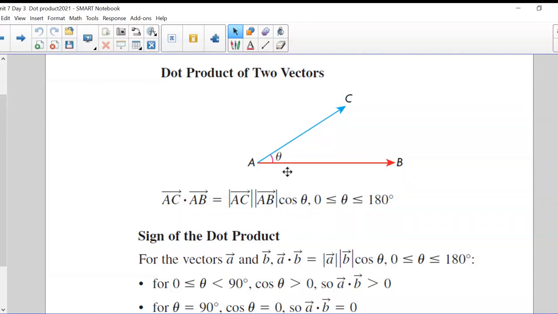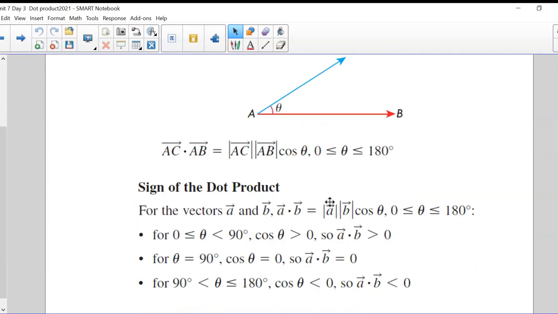Again, on a test or on an assignment, you'll have the formula. You don't need to memorize it, you need to know how to use it. And this works for vectors that are between 0 and 180 degrees apart. So that's the limitation on the dot product, between 0 and 180.